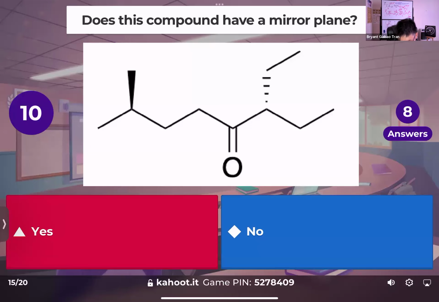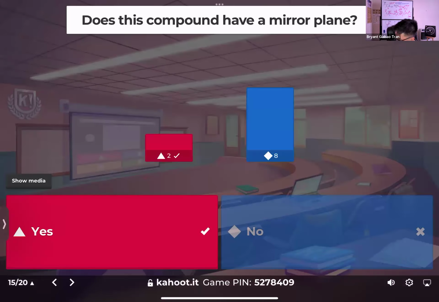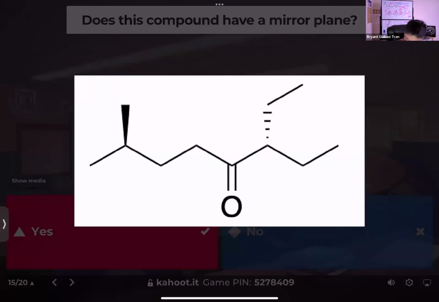I remember this one being a really weird one, especially about the mirror plane. Right, so the plane of symmetry here is actually by the 2 ethyl groups.